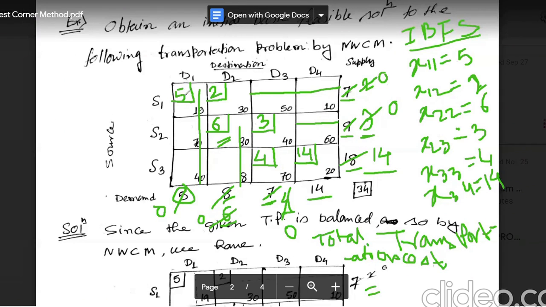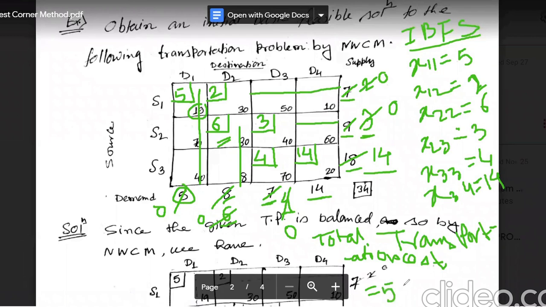The units 5, 2, 6, 3, 4, 14 are the units supplied to the various destinations. And what is written here, 19, 30, 50, 10, 60, these are the transportation costs per unit. So to the first cell, how many units have been supplied? 5 units. And for 1 unit, what is the transportation cost? 19.